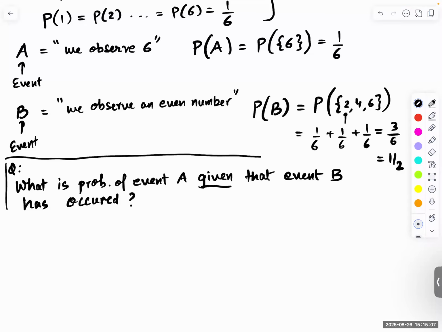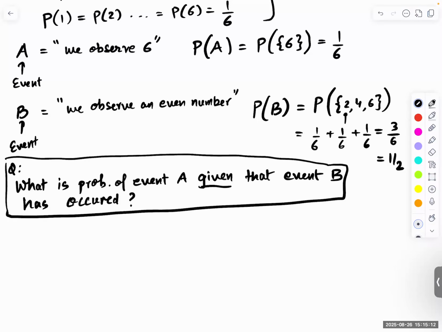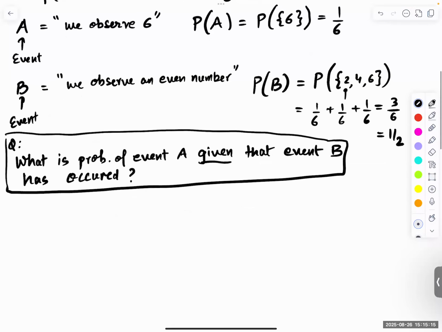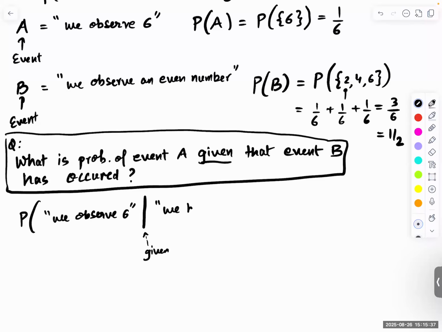So let's think about this first intuitively, and then we'll formally write down the proper definition. In the above context, we can ask: what's the probability that we observe 6, given that we have observed an even number? This is how we formally write it, where "given" is written with this bar.